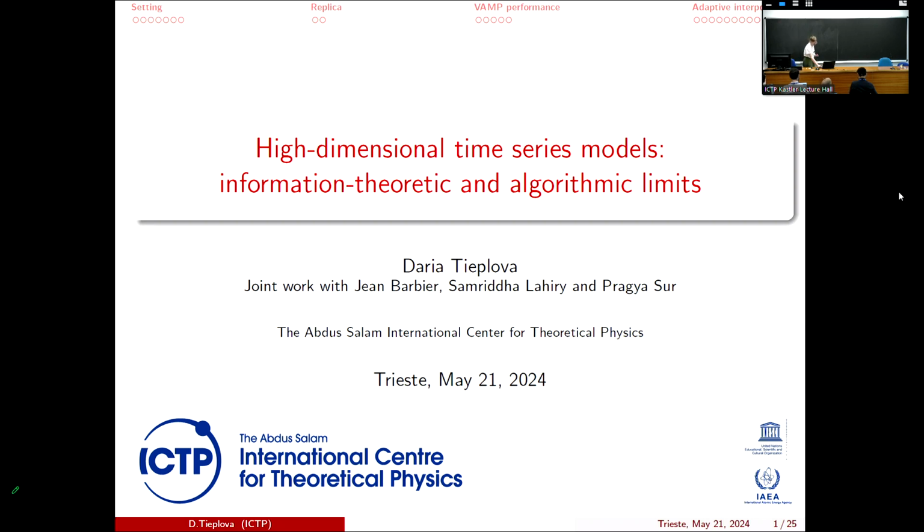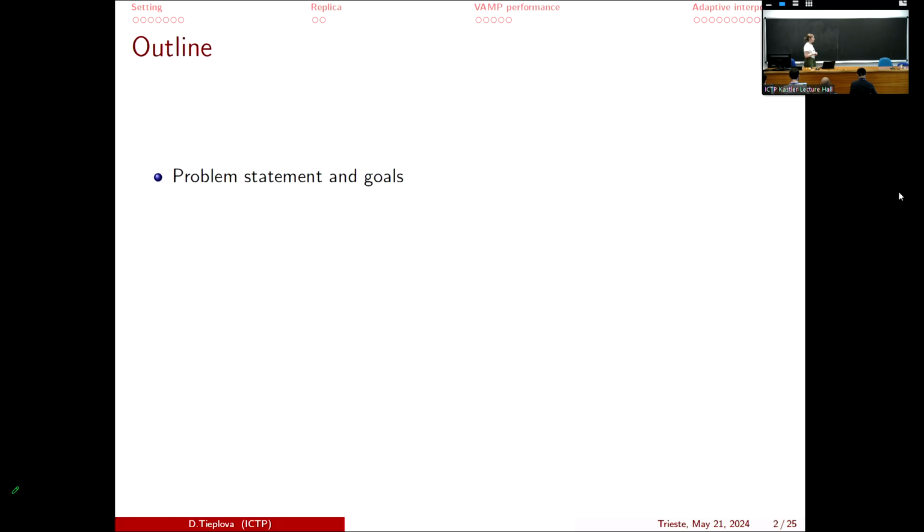So I wanted to start with a plan. We are going first to talk for quite some time about the models that we were studying. And studying is a broad term, so we're also going to talk about what exactly we want to get from this model. Next, we are going to pass to the first very powerful method from statistical physics, also known as the replica method.